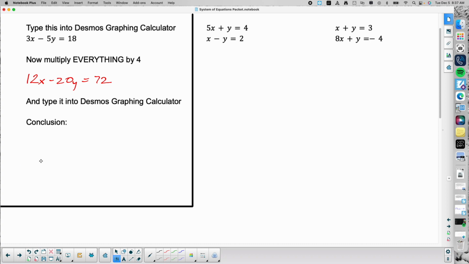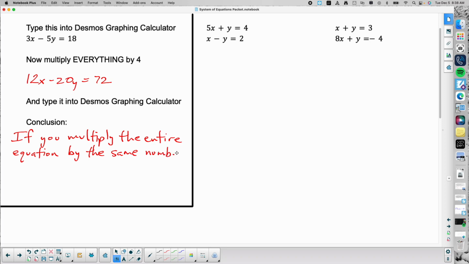But when we did that, we got the identical graph. So the conclusion is supposed to be: if you multiply the entire equation by the same number, it won't change any answers.